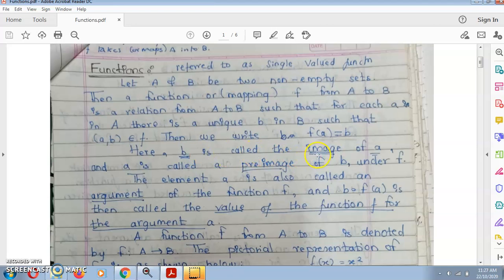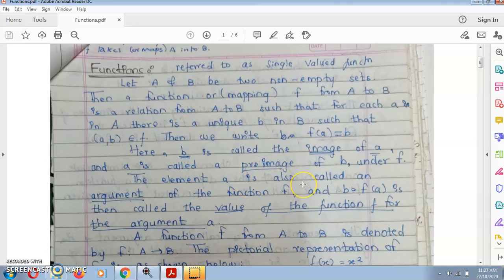Here b is called the image of a, and a is called the pre-image of b. So b is called the image and that will be from set B, and a is called the pre-image of b under f.